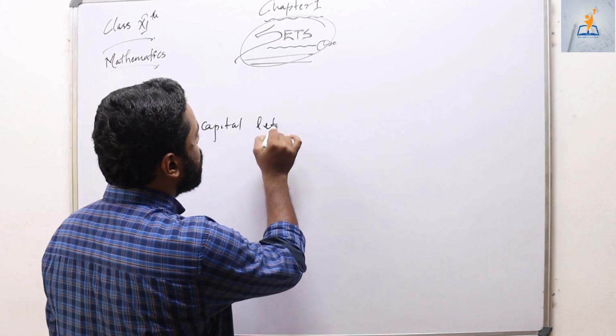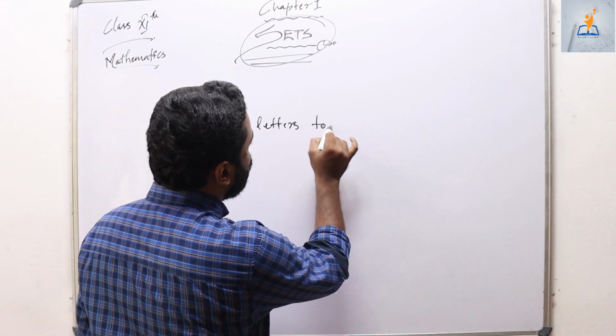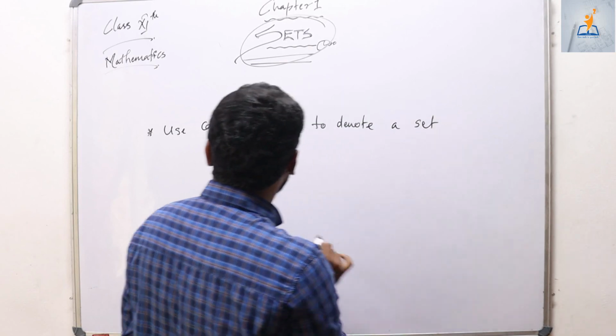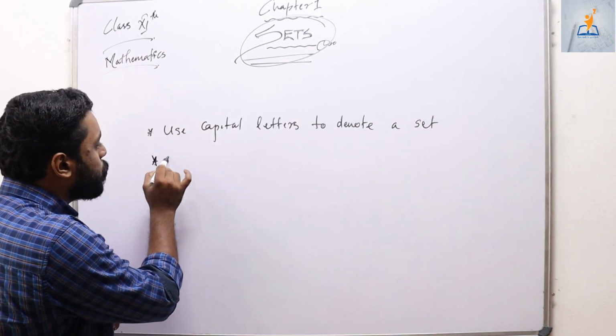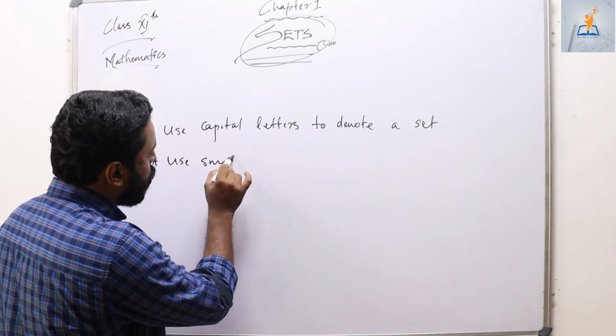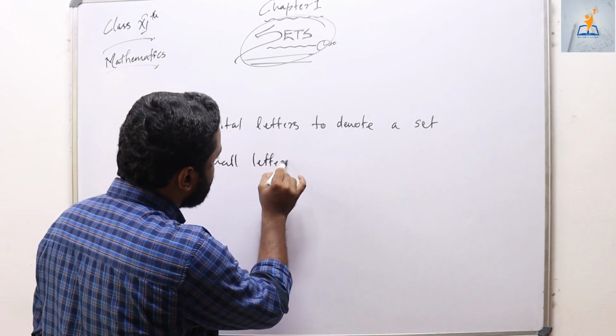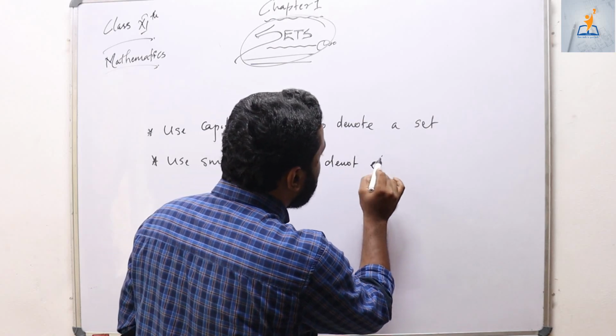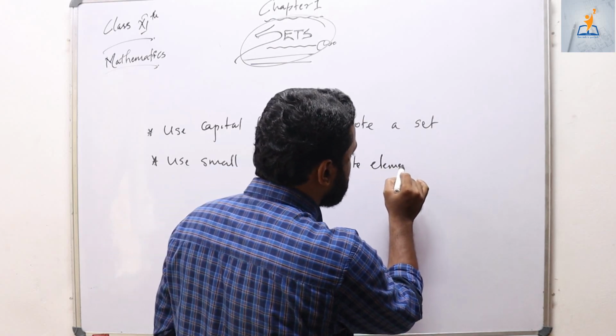Capital letters to denote a set. Now we use small letters to denote elements of a set.